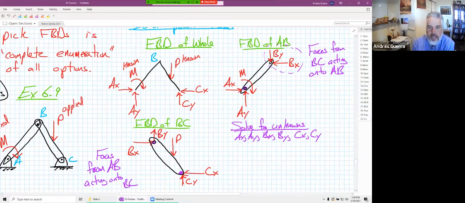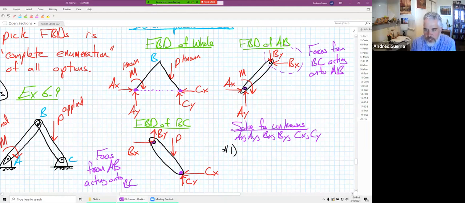So right here in the FBD of the whole thing, if I look at summing moments about A, how many unknowns am I going to have when I sum moments about point A? Anyone? Just CY. Absolutely, and that's because A and C are in a horizontal line, so CX goes right through point A. So number one, we're going to sum moments about A equal to 0, and actually let me write which FBD we're using first.